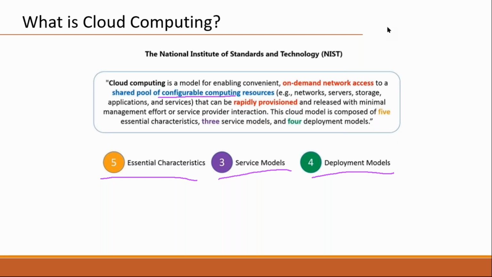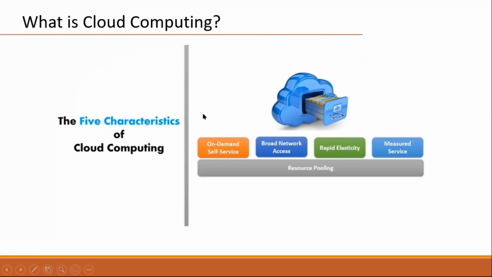So whenever we say this is a cloud computing platform, we have to understand that it has these five essential characteristics, three service models, and four deployment models, whichever cloud computing platform it may be. Check what the five essential characteristics are.